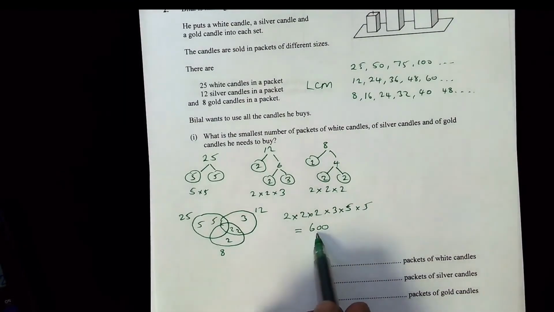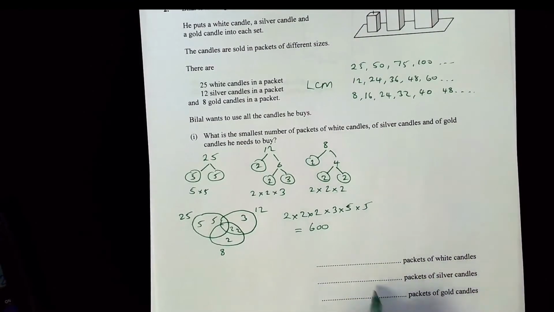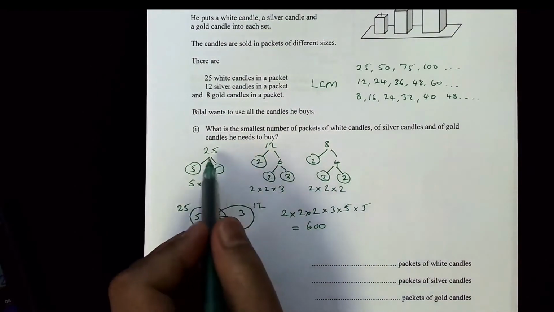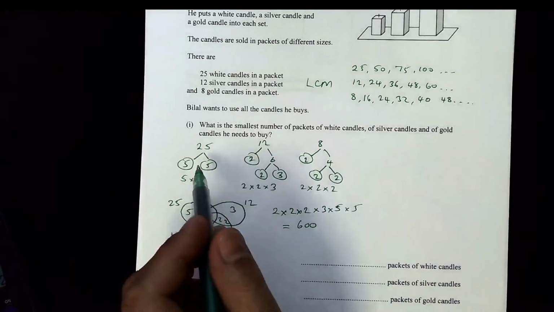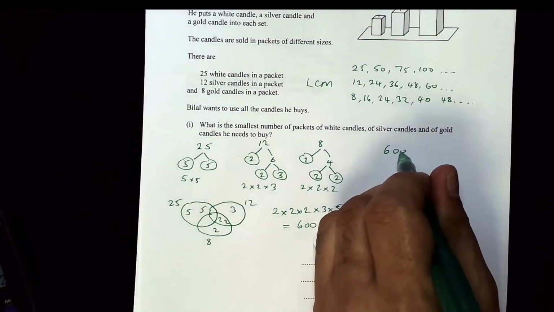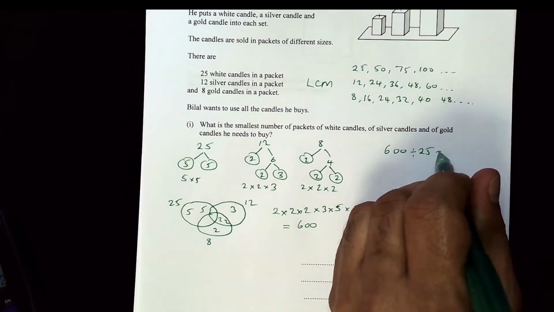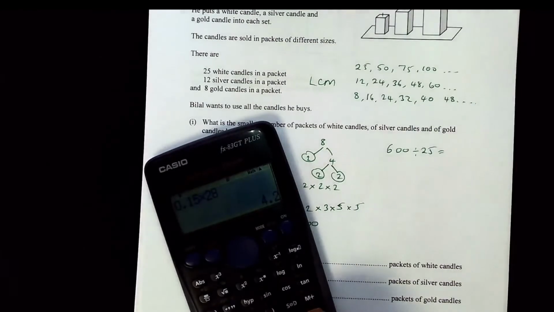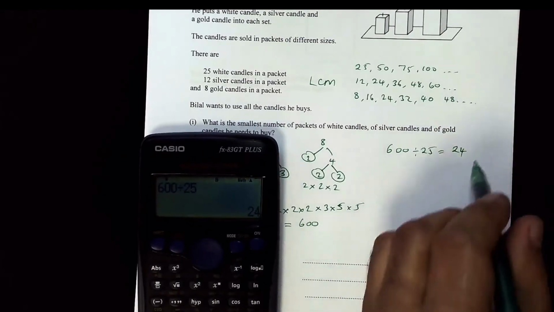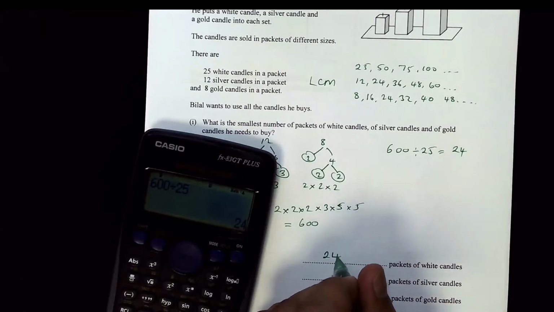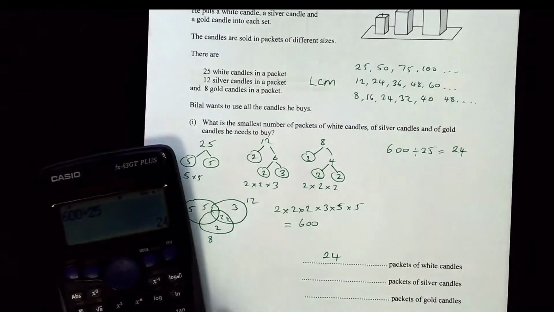The next step to work out the number of packs is to divide to find how many packs I need to buy that will make 600 for each type of candle. So 600 divided by 25 gives me 24, so that's 24 packs of the white candles.